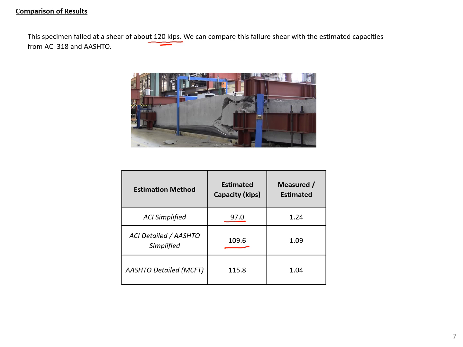And using the AASHTO general method, we had a value of 115.8 kips. So you can see that our AASHTO procedure in this case was our most accurate estimation. And in this case, all of the estimation methods were conservative compared to our experimental results. So that concludes this example problem.